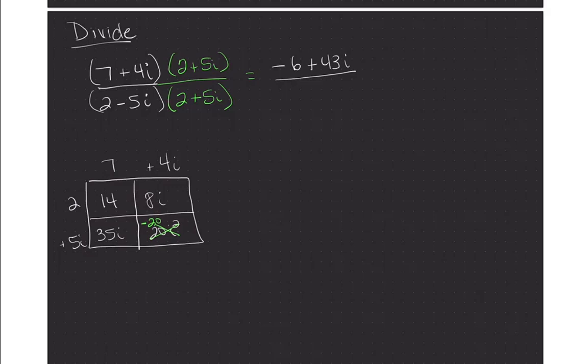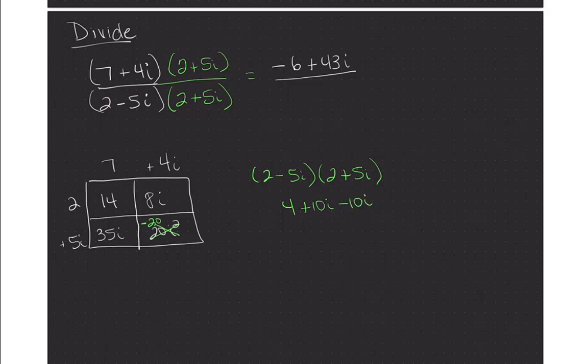Now I just have to figure out my bottom. On the bottom, I do 2 minus 5i times 2 plus 5i. 2 times 2 is 4. 2 times 5i is 10i. Negative 5i times 2 is negative 10i.